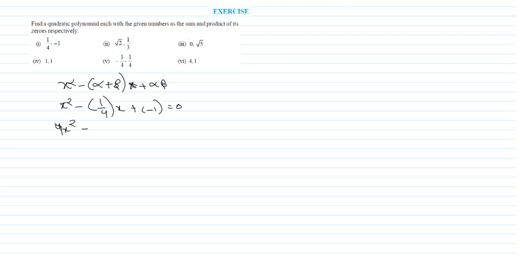In that case we need to solve by the long method, like alpha plus beta is equal to 1 by 4 and alpha beta is equal to minus 1. We'll substitute the value of alpha or beta from the first equation into the second equation.